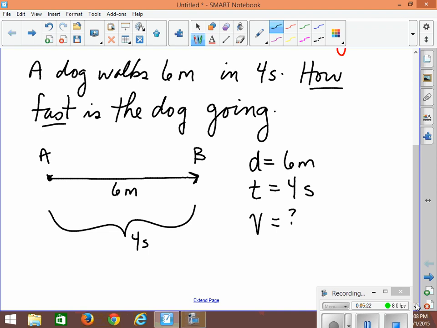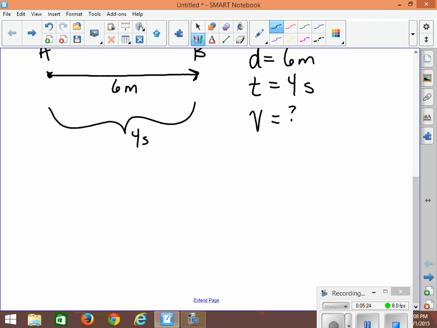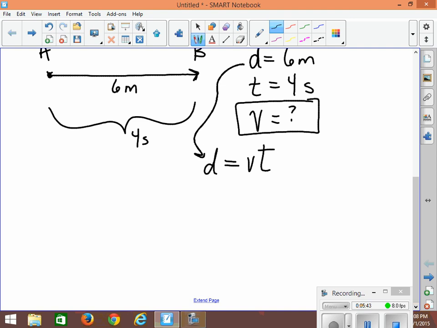And then once I have my little chart of numbers, I can see that those three things go together nice and neatly in the equation d equals vt. Now it doesn't matter that I'm looking for a v, and my equation looks like it's telling me what d equals. That doesn't matter, because we're just going to put the numbers where they belong. The d number goes where the d is. That's 6 meters. And we won't put any units in here, because the units will confuse us with the variables.